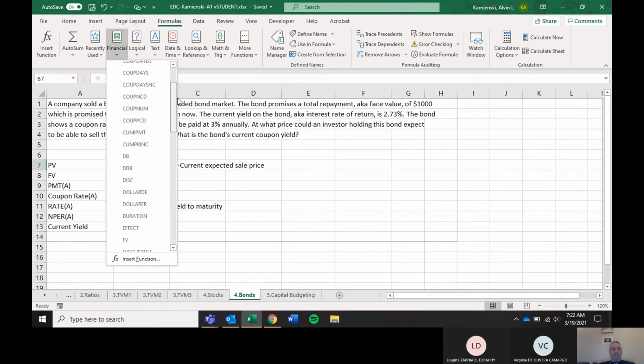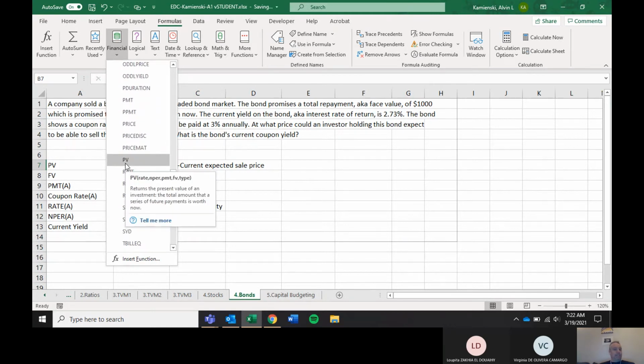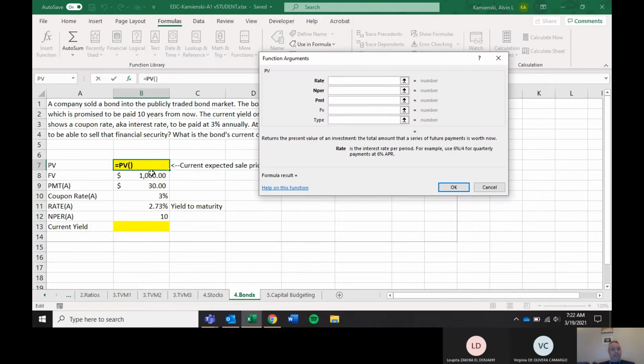So, just like in our previous section with present value, future value, payments, rates, and numbers of periods, we use this present value because we've identified how much would I pay right now for these future cash flows when I could earn 2.73% doing something else, but I instead am considering getting 10 years worth of $30 payments, and then I expect to get $1,000 in the future.